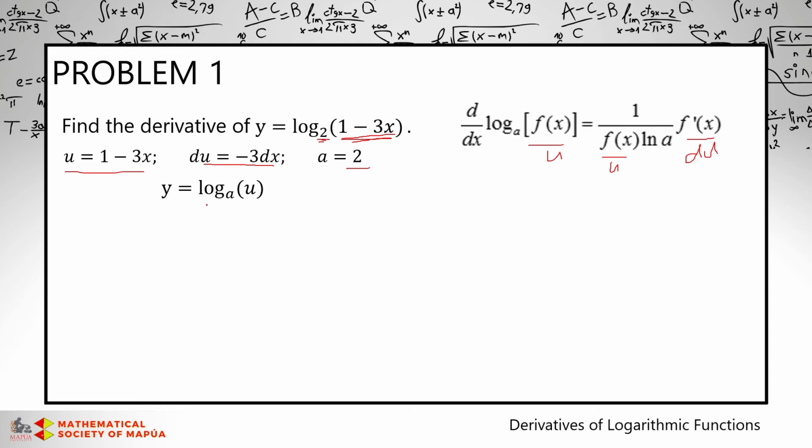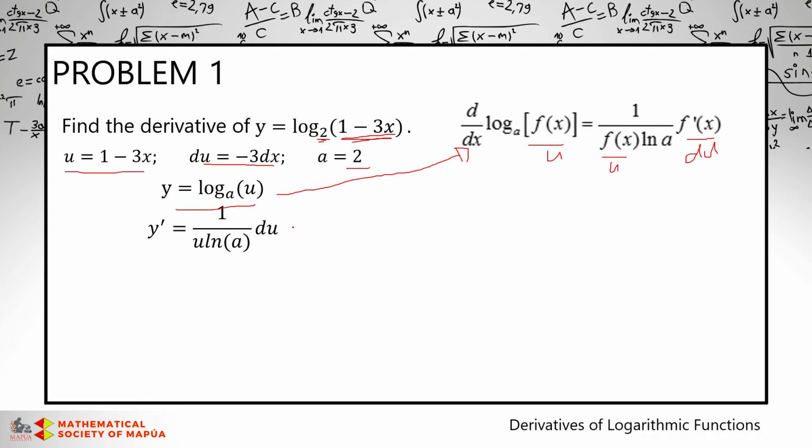So, from that, magiging ganitong form na siya, di ba? Log of u base a, which is actually similar to this one na. So, pwede na nating masabi na ang y prime natin is 1 over u ln of a du from the formula. Okay?